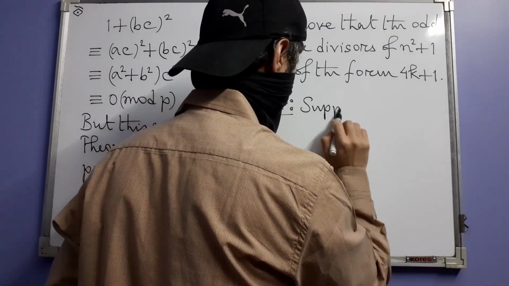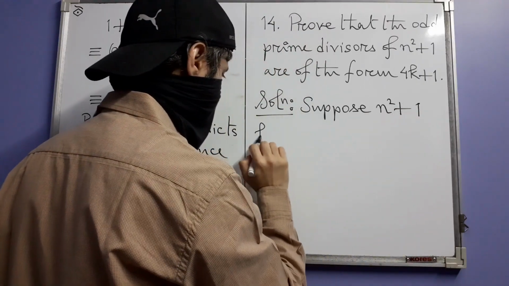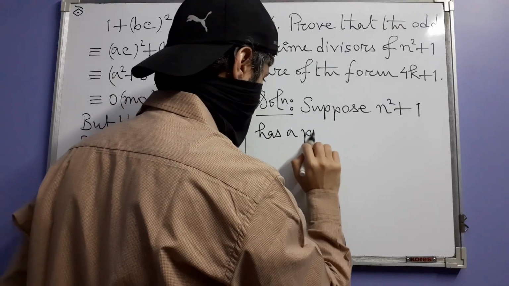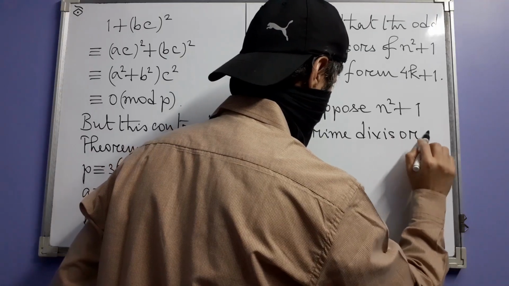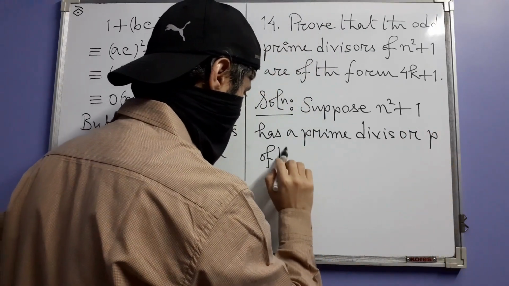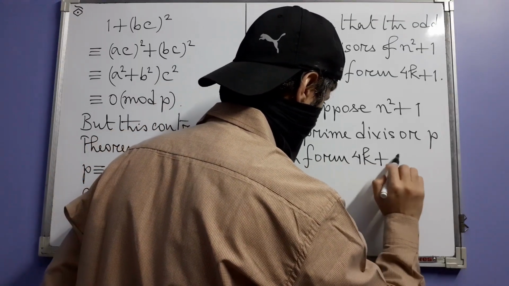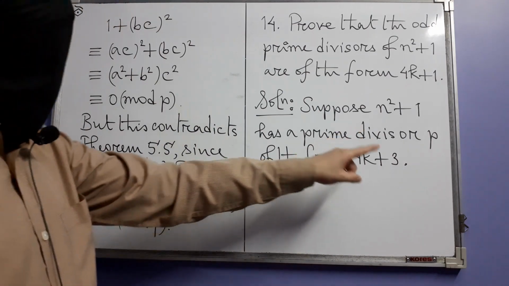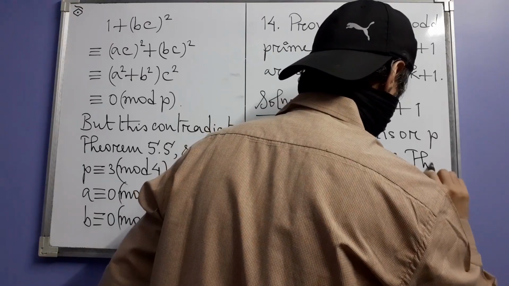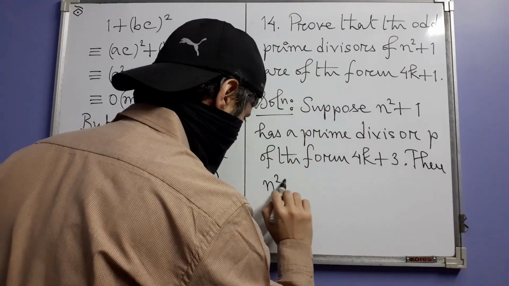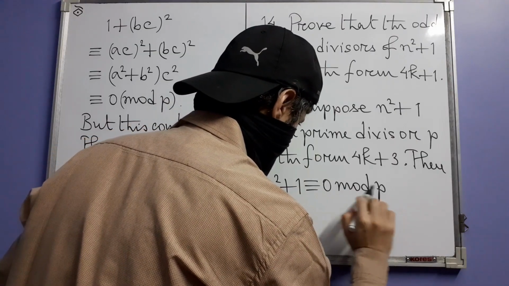Suppose n square plus 1 has a prime divisor p of the form 4k plus 3. Now p dividing n square plus 1 means what? Then n square plus 1 is congruent to 0 modulo p.